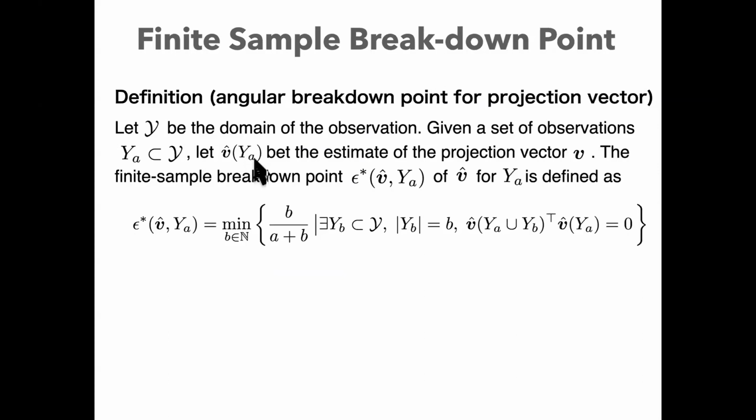And then suppose we can add B extra data and make the estimate of V orthogonal to V hat of YA. The minimum of such B over A plus B is the breakdown point in this case. It means how many outliers are required to make the estimate of the projection vector turn to a completely different direction.